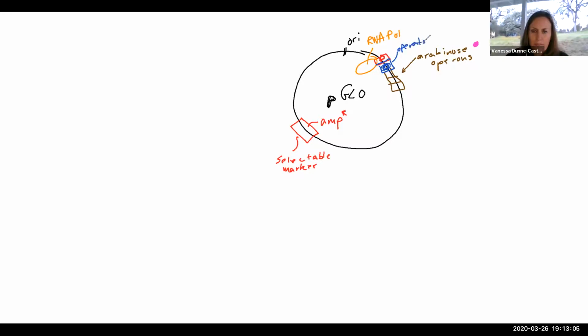The operator is a sequence of nucleotides that is actually the docking station for the repressor.